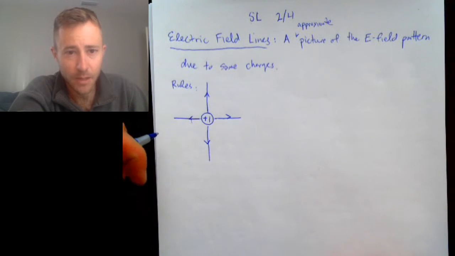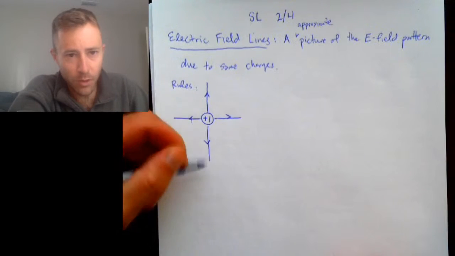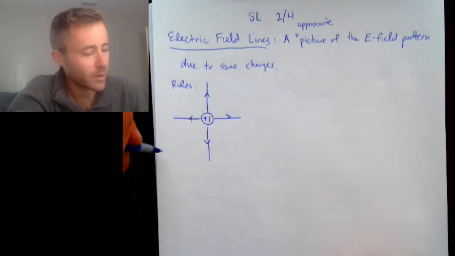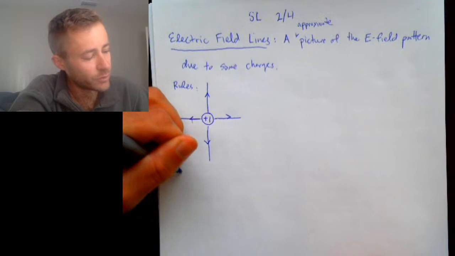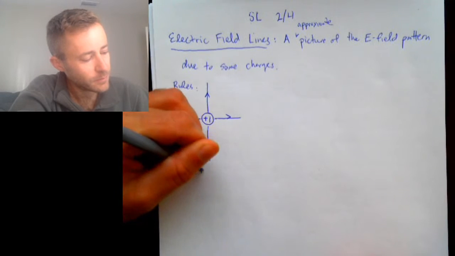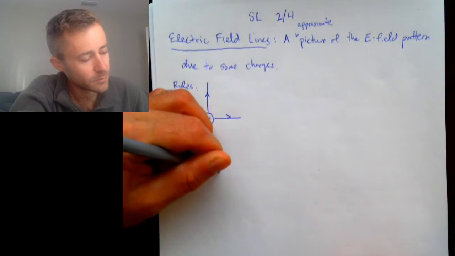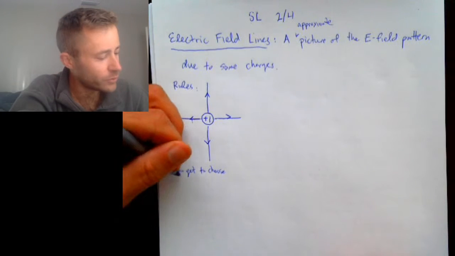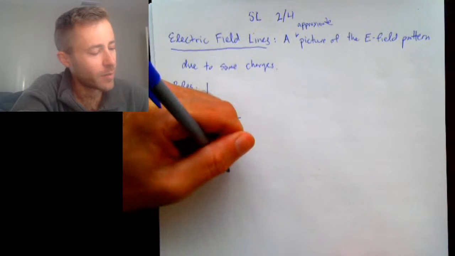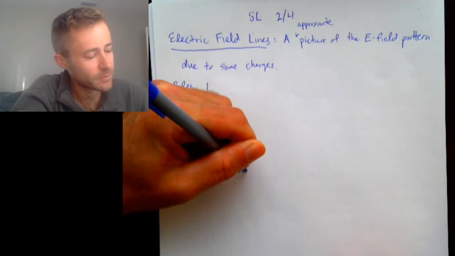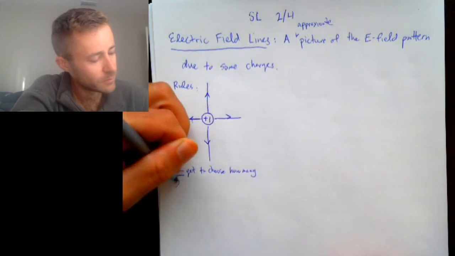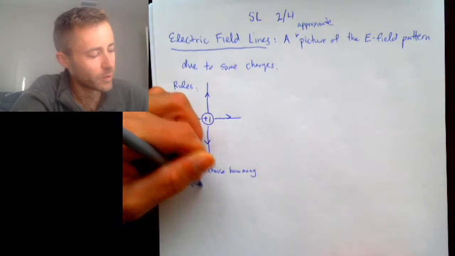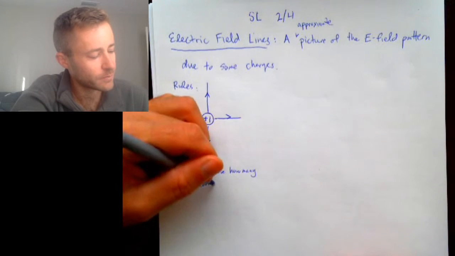All right. Now I have drawn 4 electric field lines. Okay, but you get to choose how many lines corresponds to 1 charge.